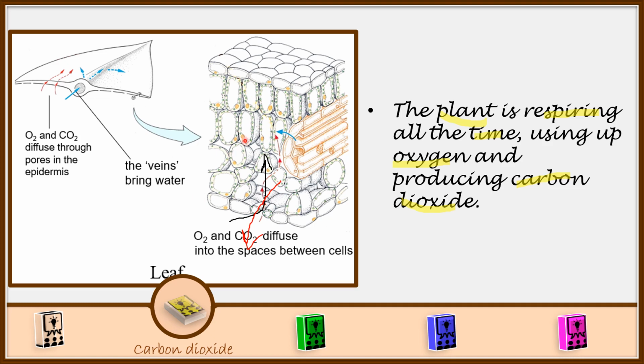When carbon dioxide is produced, it can be used by the plant cells during photosynthesis. Oxygen will always be diffusing in during dark time, during respiration.